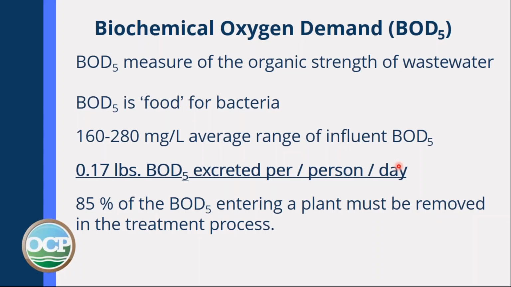Like total suspended solids, 85% of this BOD must be removed in the treatment process before discharging into the waters of the Commonwealth. We'll look at these numbers a little later when we talk about population equivalents.